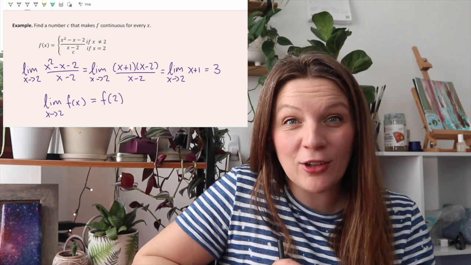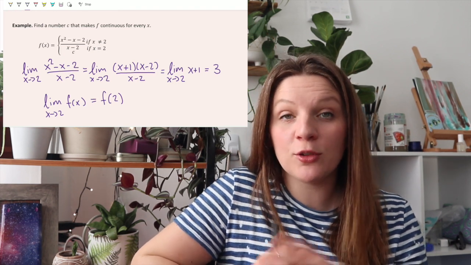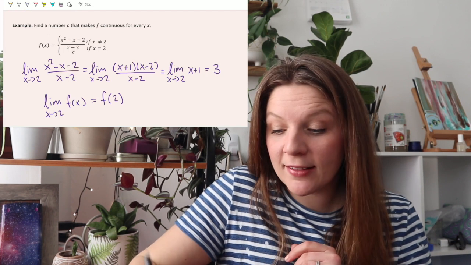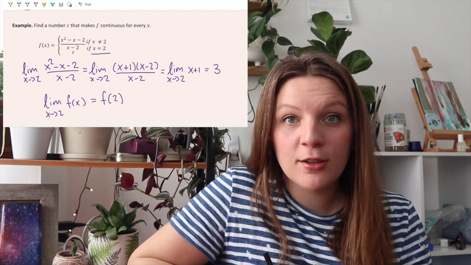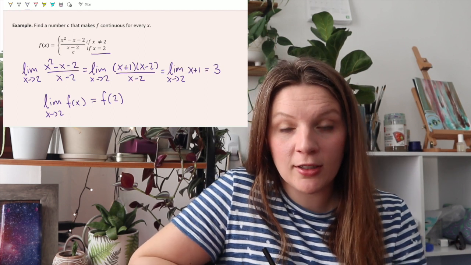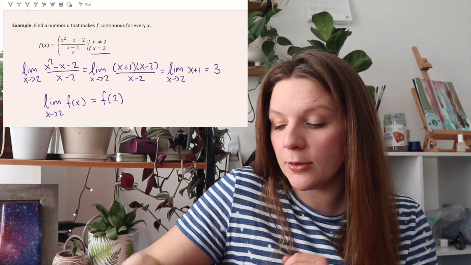Now originally our function, we said that 2 wasn't in the domain, but now we've created a new function, which is a piecewise function, which has a domain that includes 2. So we can now plug 2 into our function, except now we will get a value of c, because that's the new rule for when x is equal to 2.